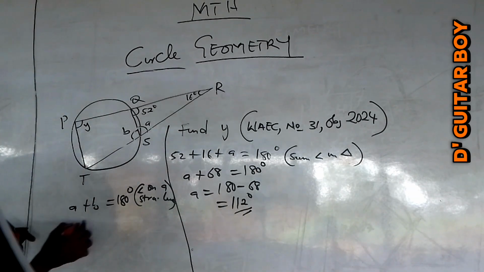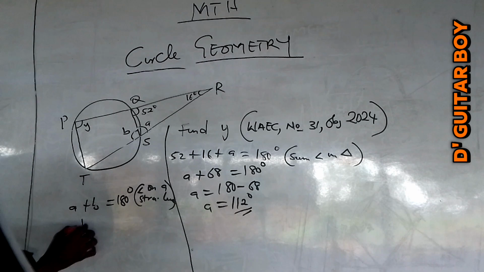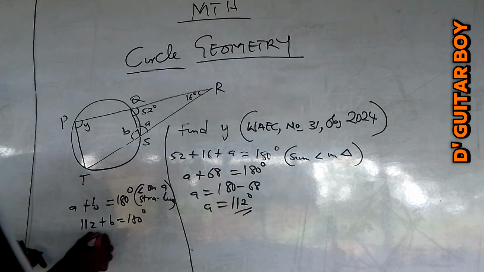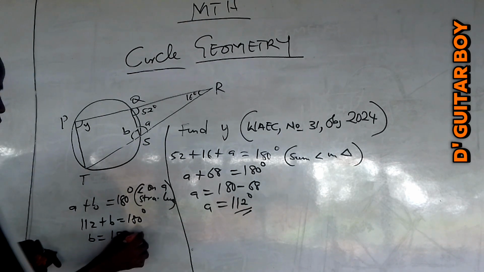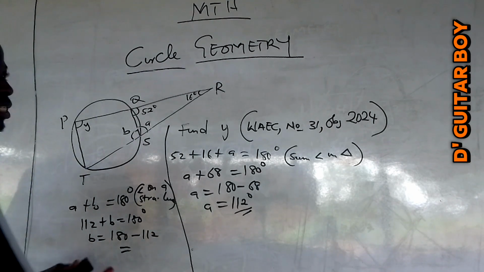So you already have A. A is equal to 112, so 112 plus B is equal to 180 degrees. Then B is equal to 180 minus 112, which is equal to 68.